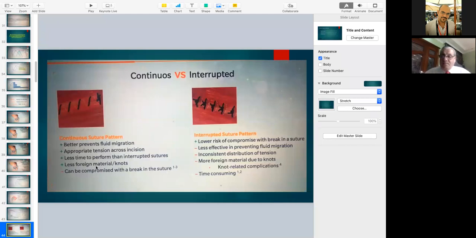What is against it is that when there is infection, you must open all of it. In interrupted, in this condition, when there is infection, you open just one suture.